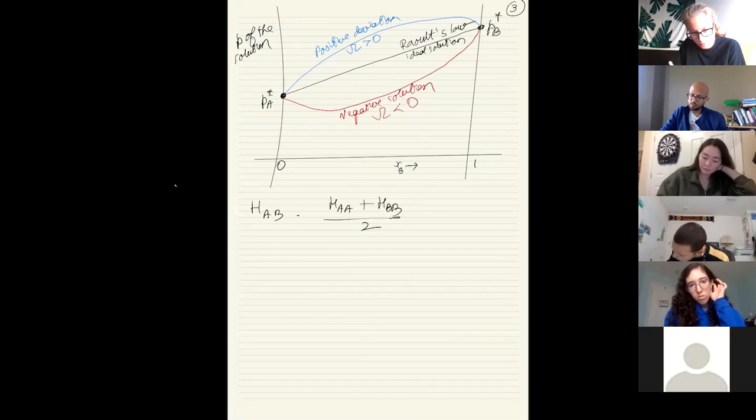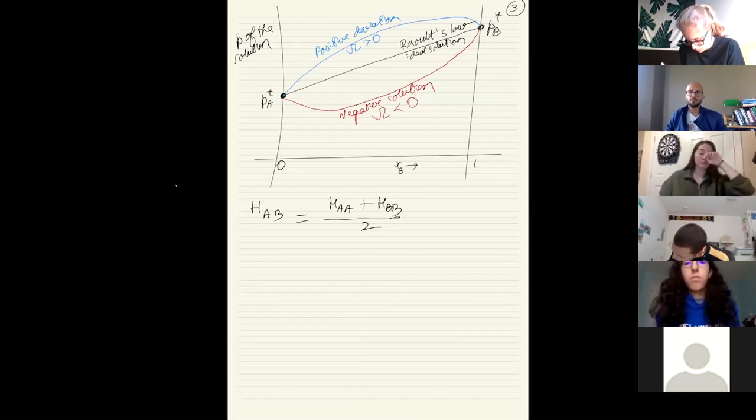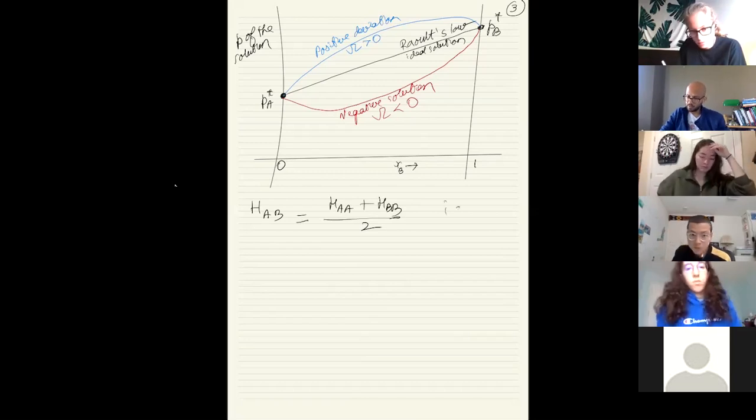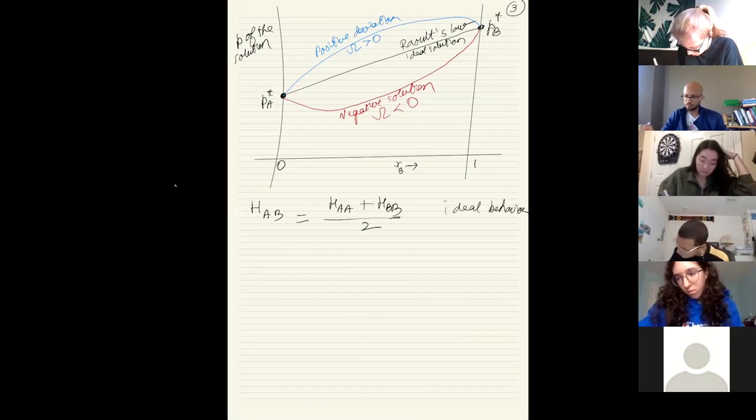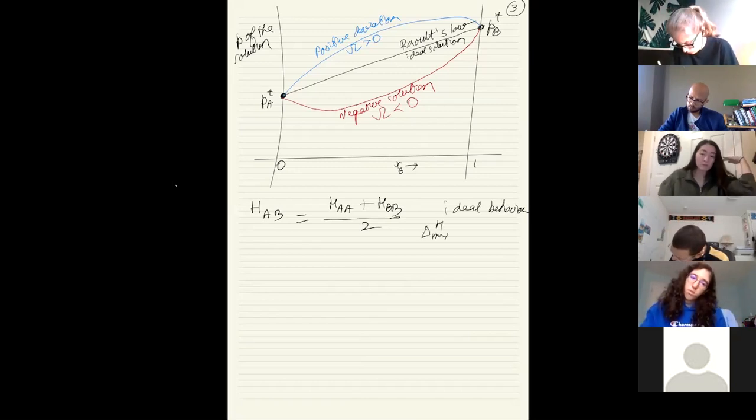If these two enthalpies are the same, then we get ideal behavior, because by construction, delta mix H is going to be 0.